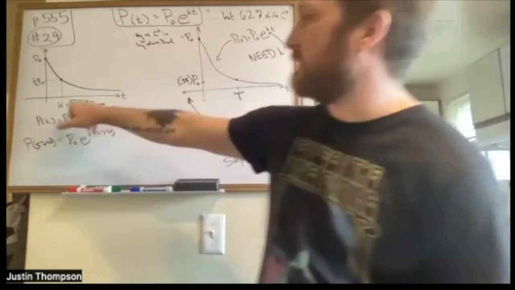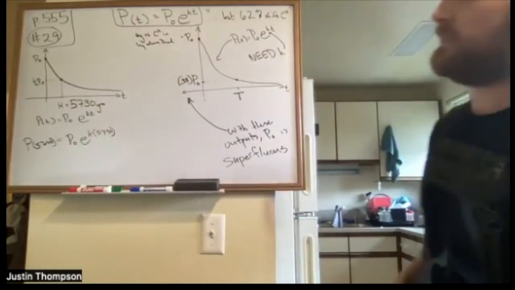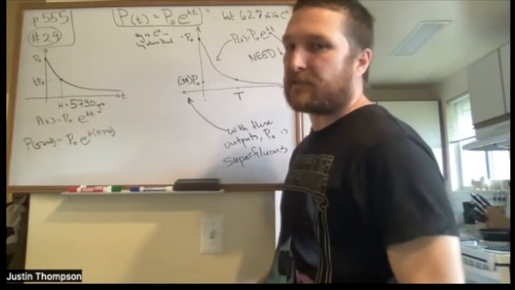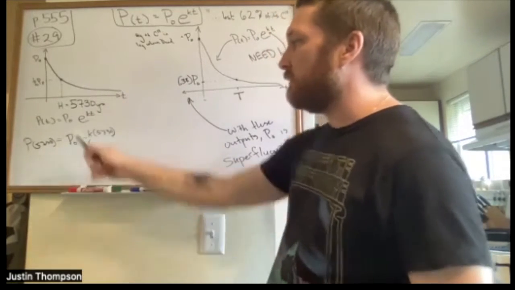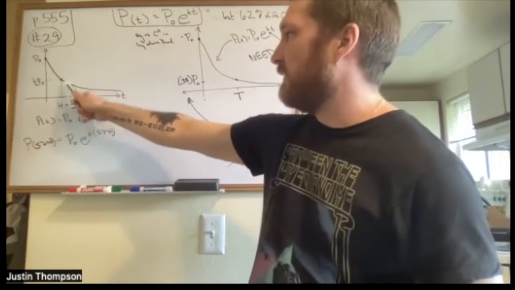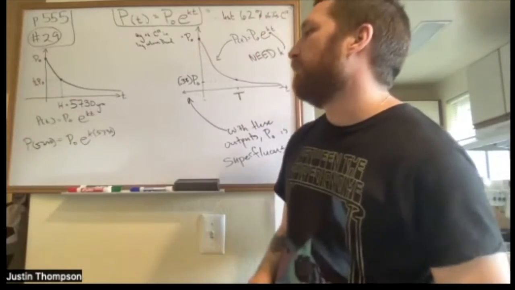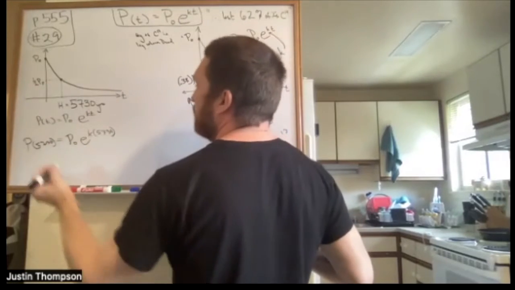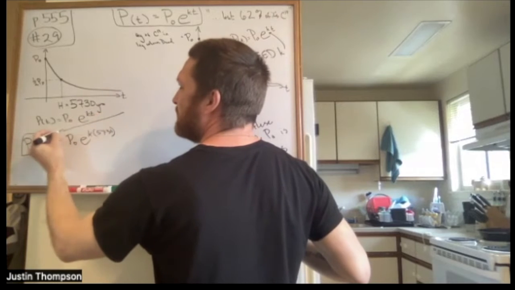And right here, this is one of the reasons I drew it. This is one of the reasons I draw everything, is the little bit of work to draw stuff out takes all the guesswork out of this. Because I could see by the drawing that I've done that when the input is 5730, then the output is 1/2 times P0. And so this is the output.